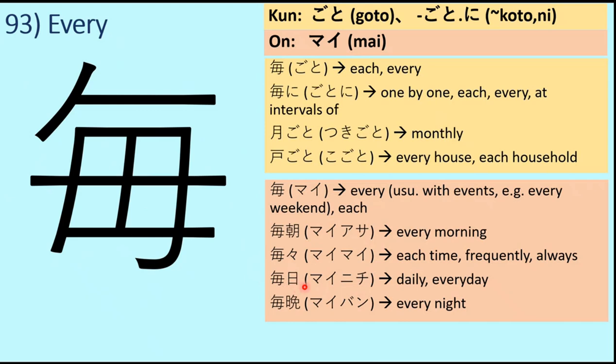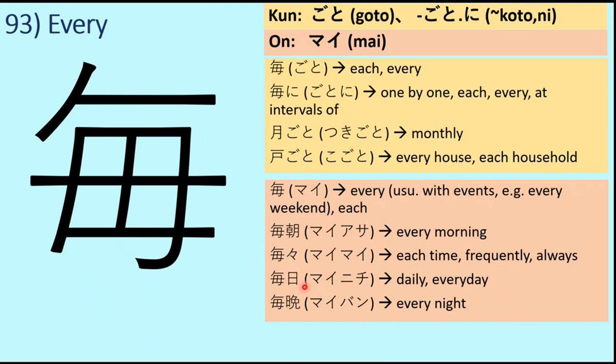Mainichi rokuji ni okimasu. That is, I wake up at 6 a.m. daily. Or mainichi watashi wa 8時に学校へ行きます. Every day, every morning, or you can say 毎朝 as well in that case. 毎朝8時に学校へ行きます. I go to school every morning at 8 a.m. So that is 毎朝, 毎日.